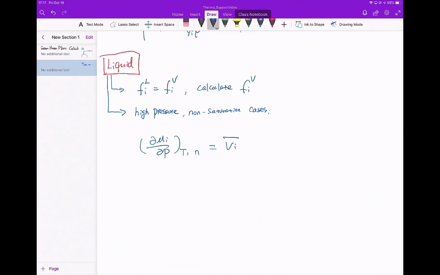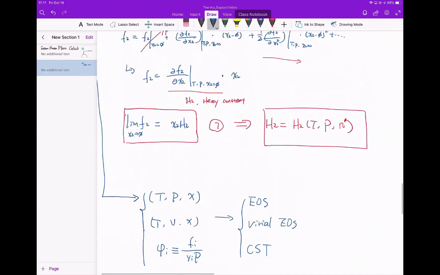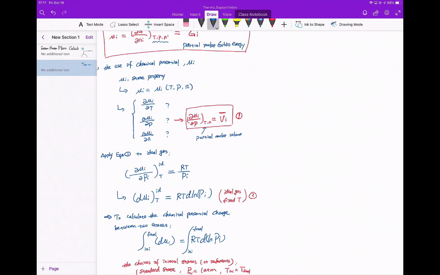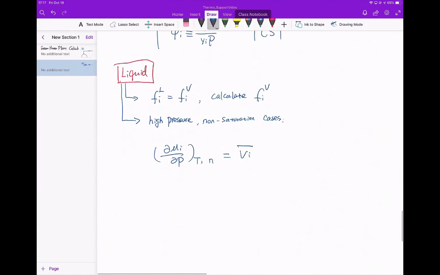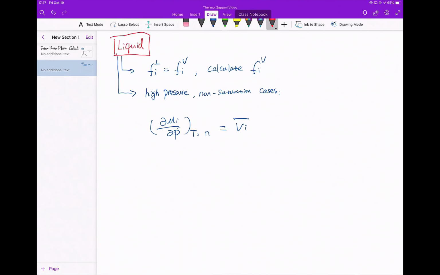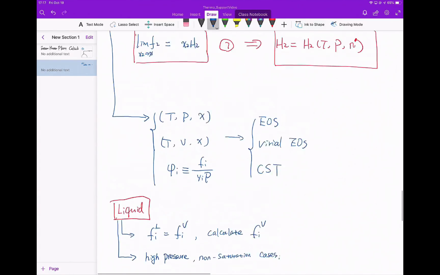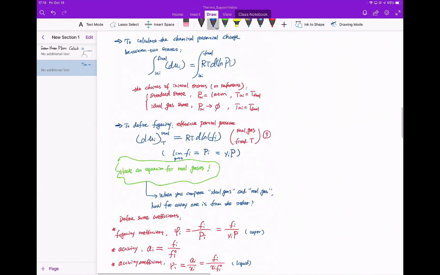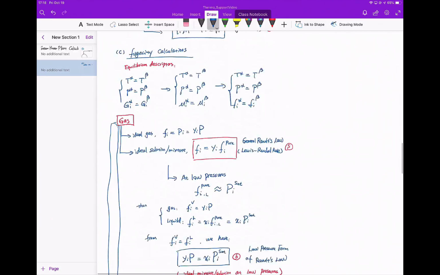So this is the equation we introduced before. This is equation 1. The other is d mu i is RT d log fi, which is the definition of the fugacity, and that is equation 2.